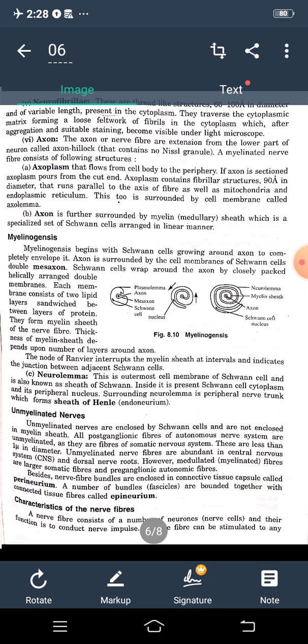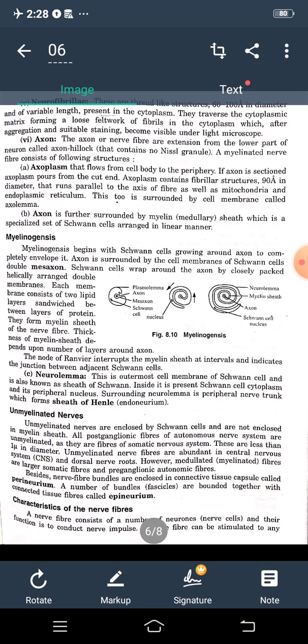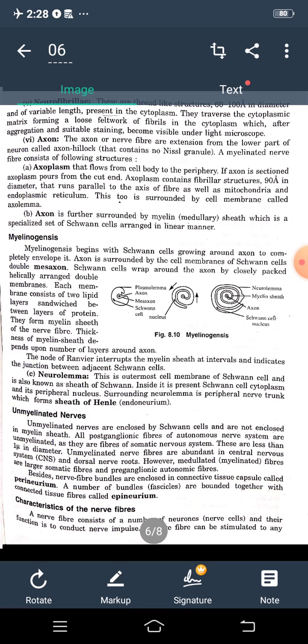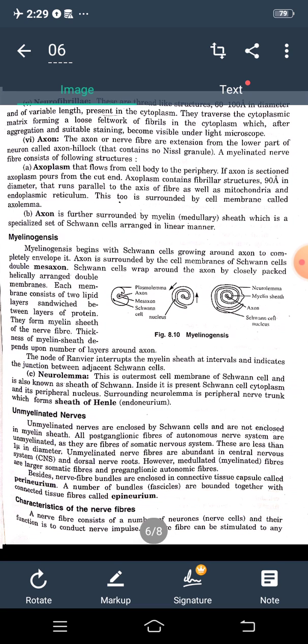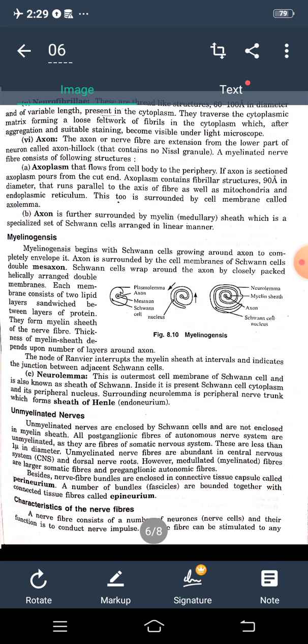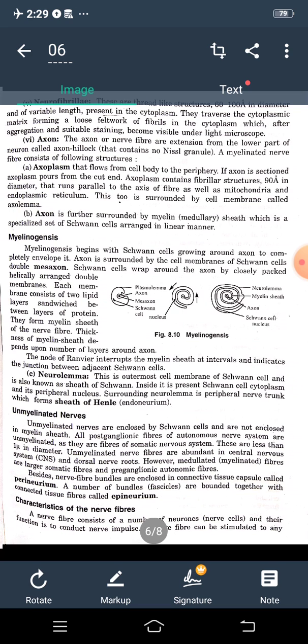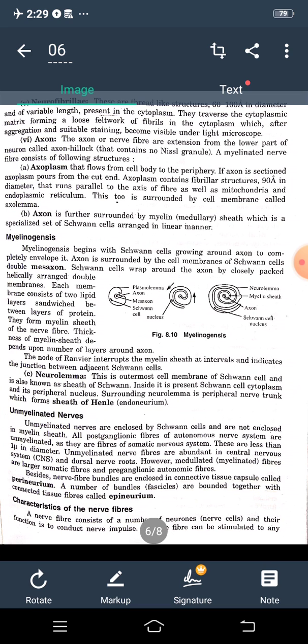Then the axon, a nerve fiber extension from the cell body of the neuron, called the axon hillock, that contains no Nissl granules. A myelinated nerve fiber consists of the following structures: neuroplasm and axon. Myelinogenesis begins. What is myelinogenesis?